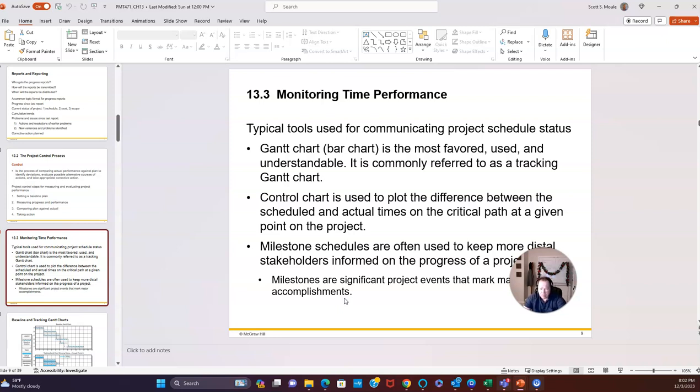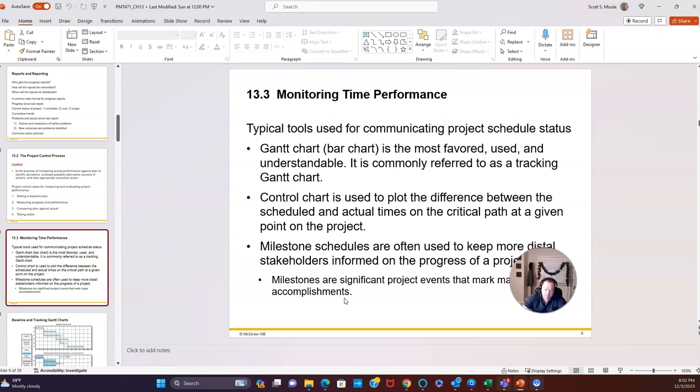Now, we did it in Excel, but many companies have project management software tools that you put all of your activities in, what resources you need, when they start, when they finish, and then you update their progress each day or week or biweekly. And the software will tell you how you're progressing.